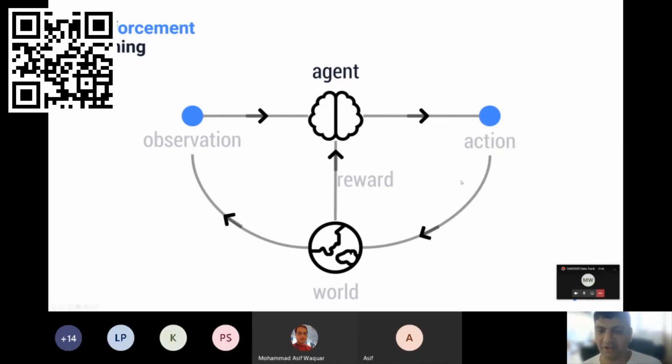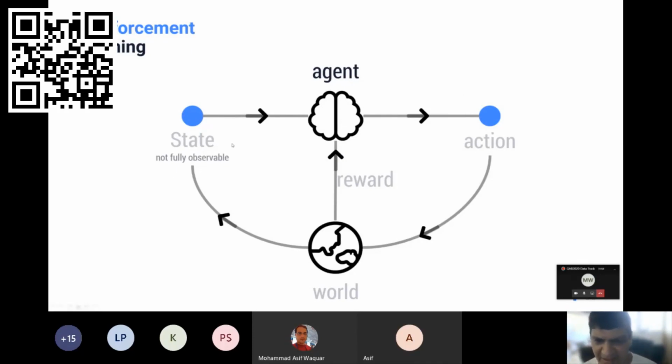So the world might change. That's why the observation might also change, and that may change the behavior of the agent itself. Now, the agent in your world, you can think about as a model, a machine learning model or an algorithm. The idea remains the same, because the agent is making a decision for you, that's why it's there.